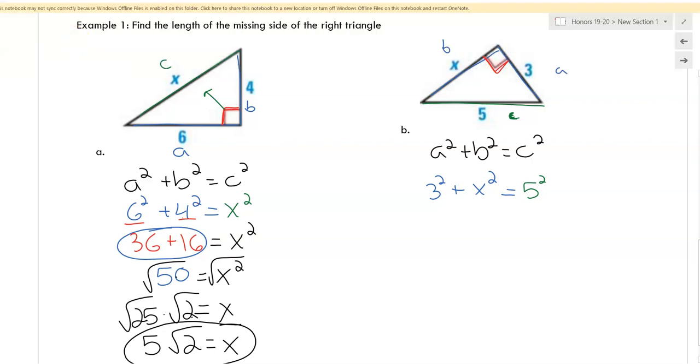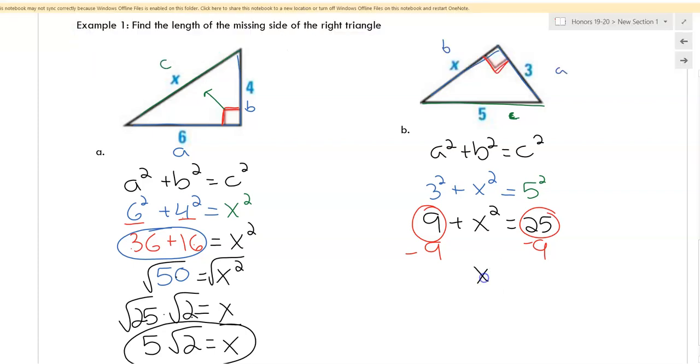So the first thing I'm going to do is square all my numbers. So I have 3 squared is 9, 5 squared is 25. Now, where in the last example my numbers were on the same side, here my numbers are on opposite sides. So that means I have to do the opposite, right?